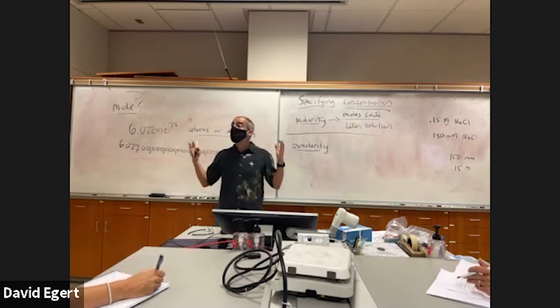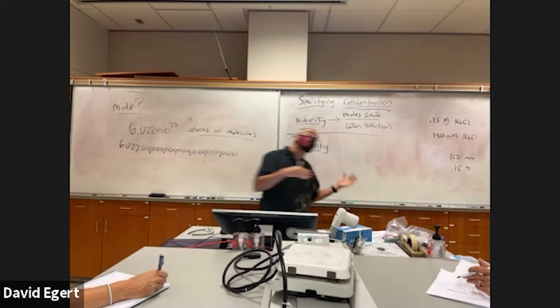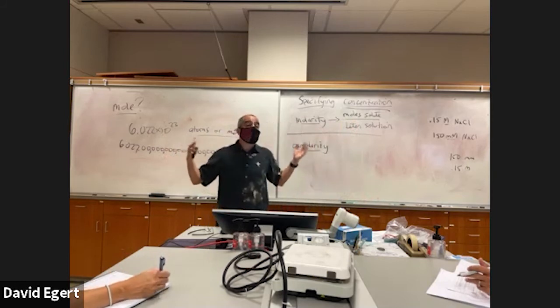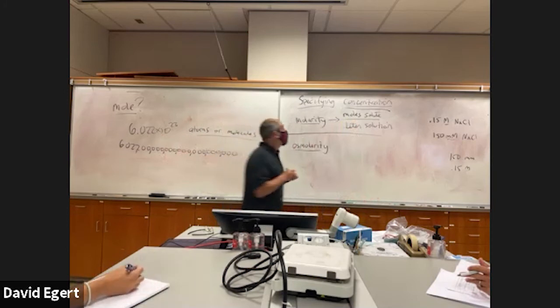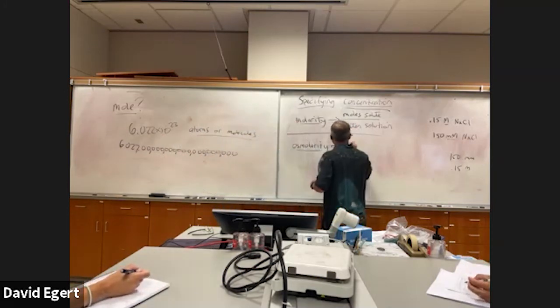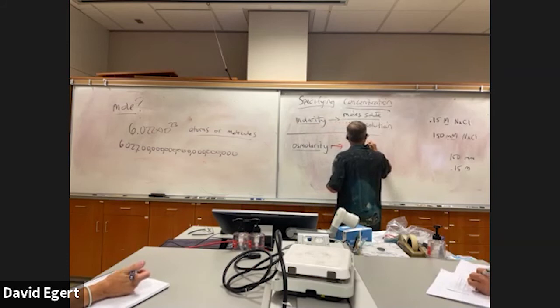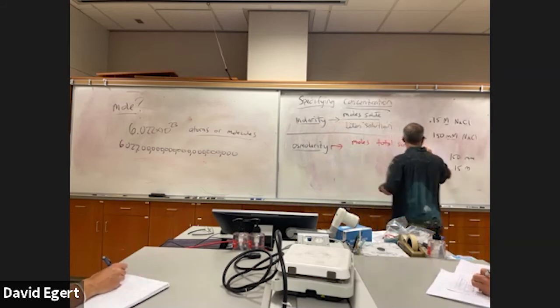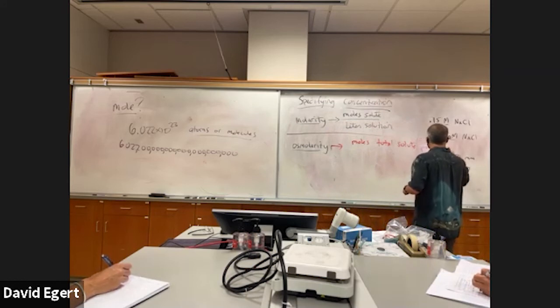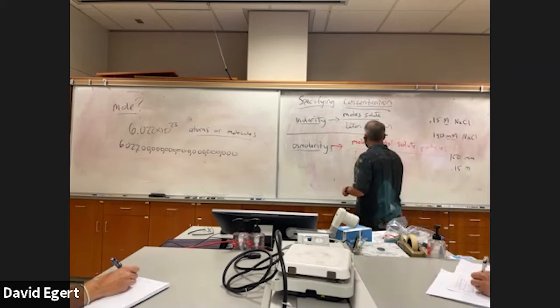All that matters for which way water is going to move is how many things are dissolved on one side of the membrane versus the other. So osmolarity is moles of total solute particles per liter of solution.